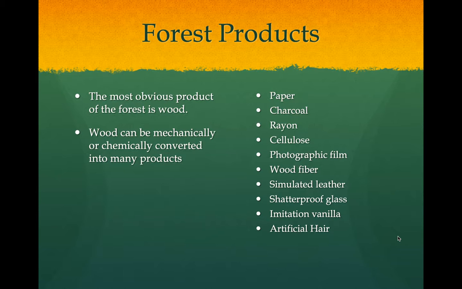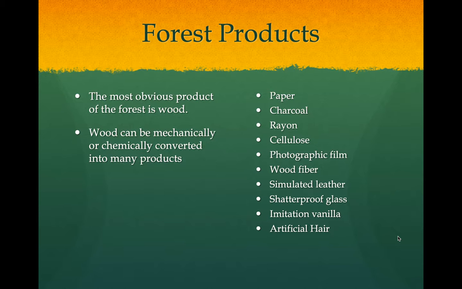There are a lot of forest products, and this doesn't even begin to list the just massive number of products that you actually get from forestry type products. Most obvious, wood. We're going to build with wood. We're going to make things with wood. It can be converted into other products though.